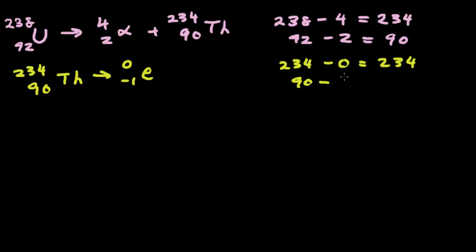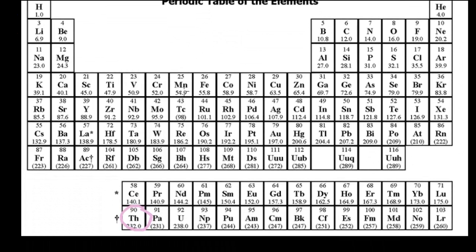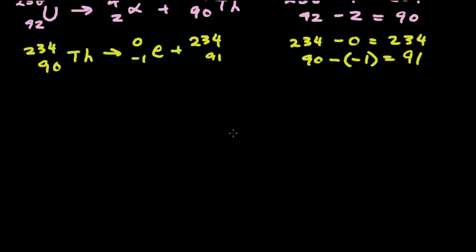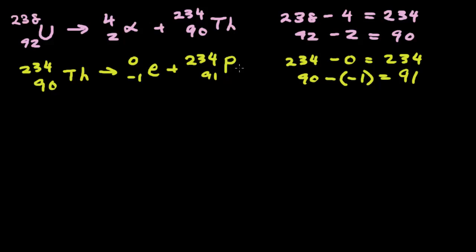I see this all the time in student work. 90 minus a negative 1. You need to make sure that you're accounting for the negative in your product. So this is actually a 91. So what we formed was 234, 91, and we have a new atom. It's not thorium anymore. So we go back down, and 91 is Pa. So we go back up here, and we can write the new atom.